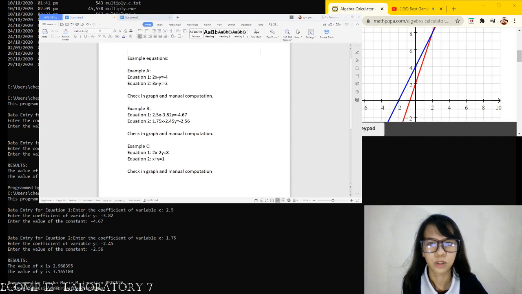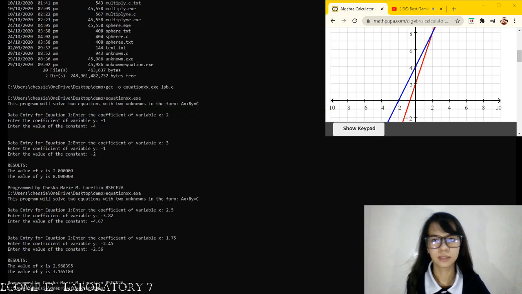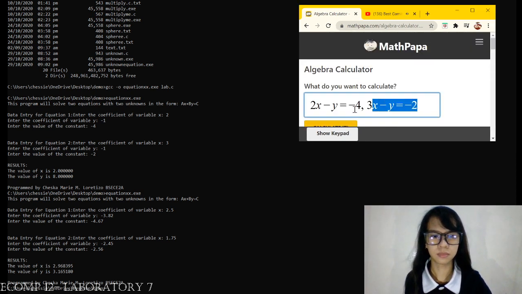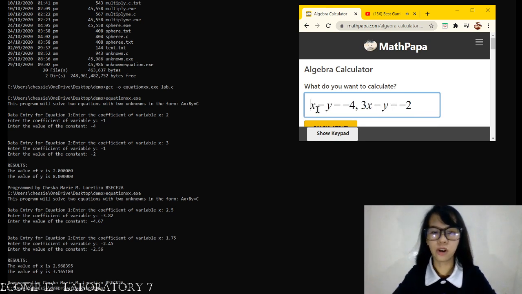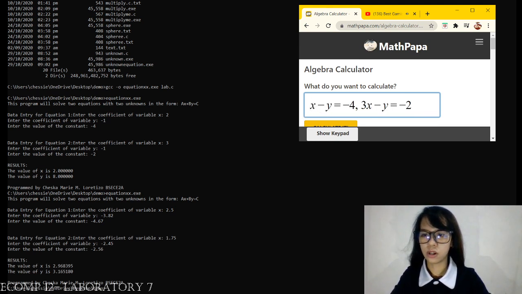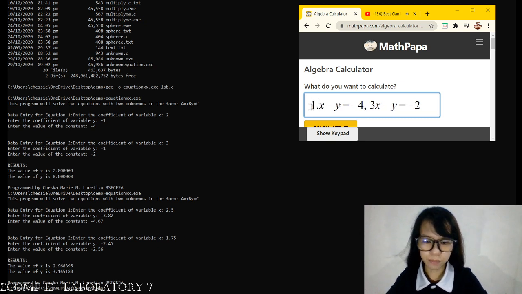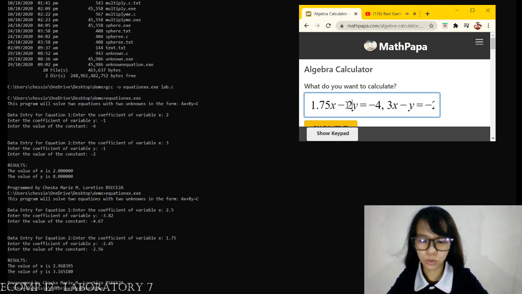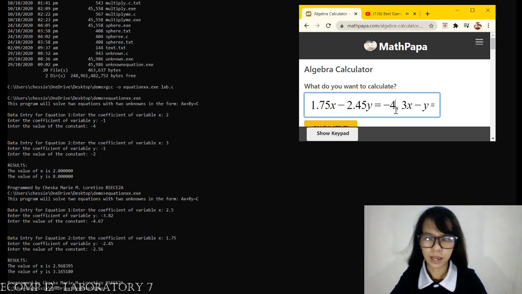Okay, first let's close this. Now let's change the coefficients. For equation number 2, the coefficient of x is 1.75, for y is negative 2.45, and for the constant is 2.56.